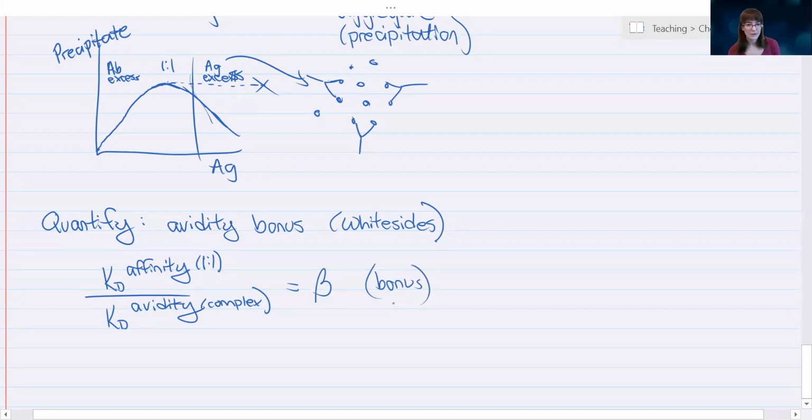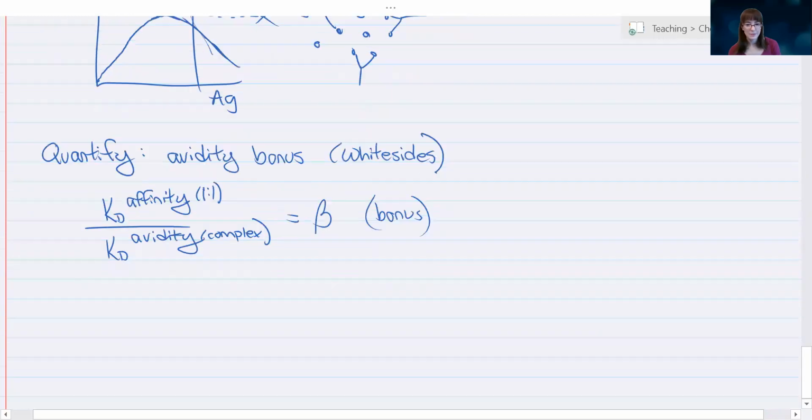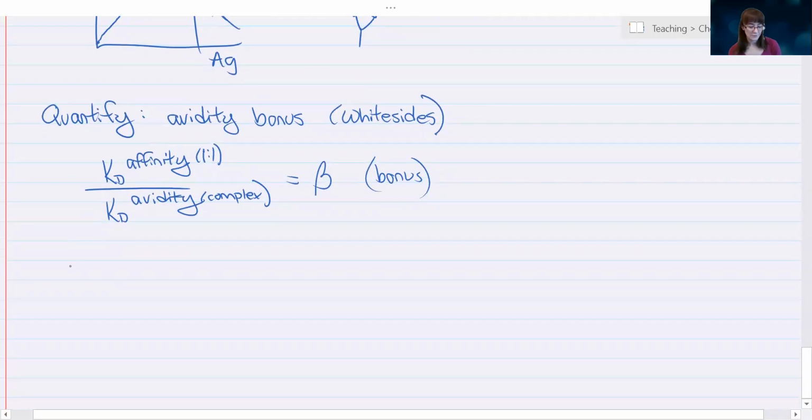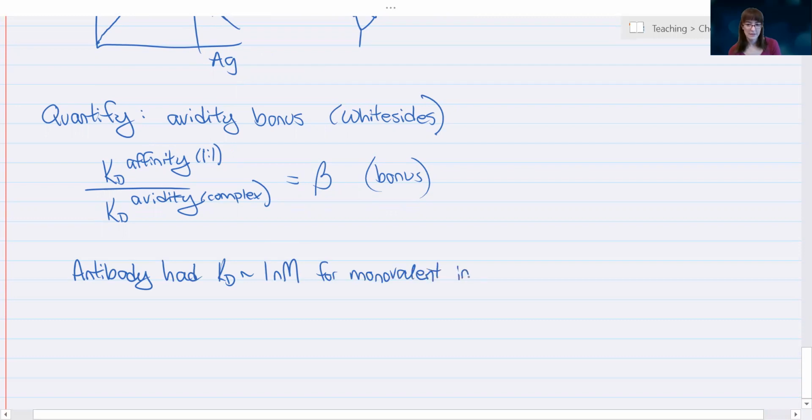So it's that simple. And so I could give you an example where if I told you that a particular antibody, let's say, has a KD on the order of 1 nanomolar for a monovalent interaction, okay, then they tested it, let's say, on a surface that has a bunch of copies of this antigen, and they detect an enhancement of 100-fold, okay?